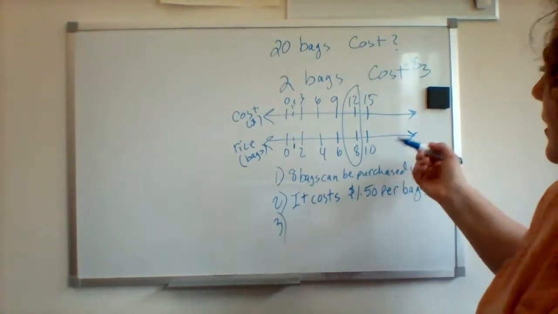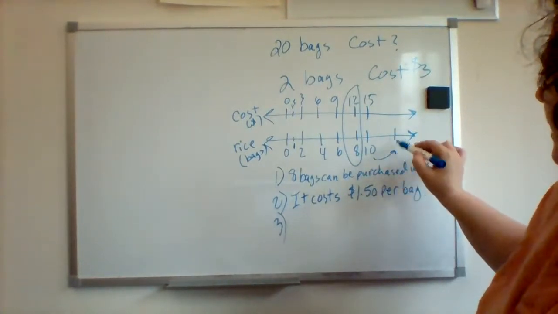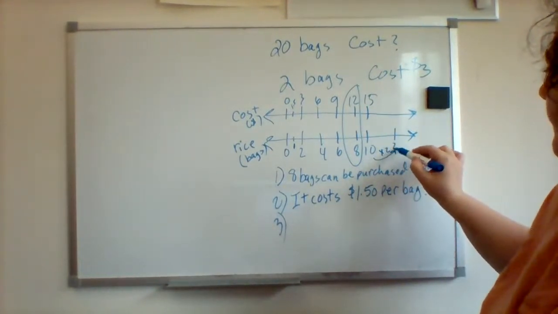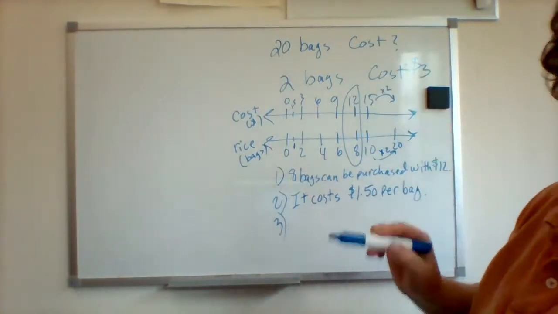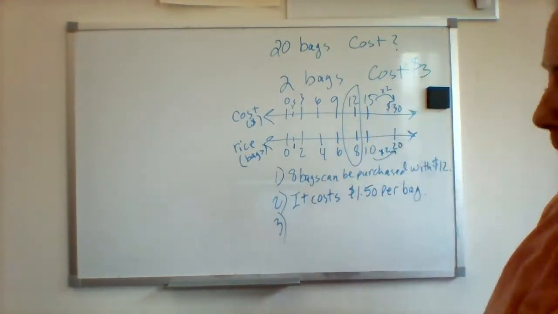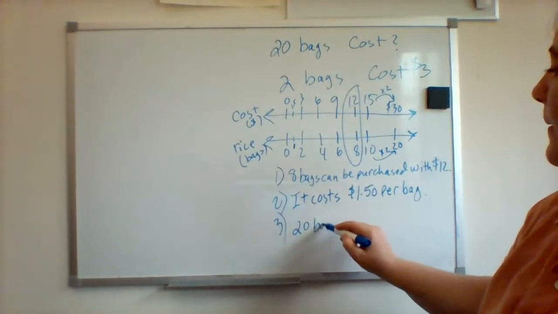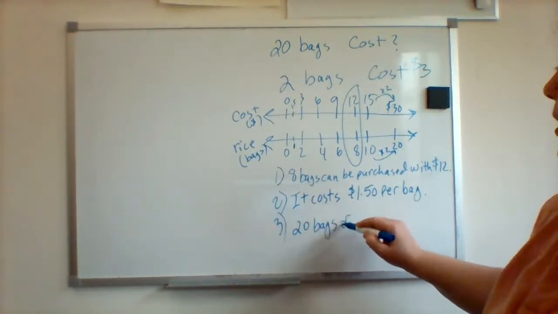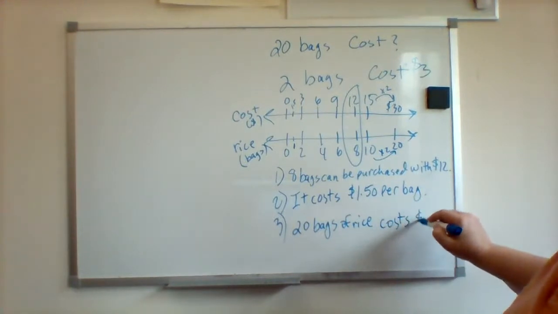But how do I get from 10 to 20? Just multiply by 2, because for equivalent ratios, you have to multiply by the same factor. How much do 20 bags of rice cost? 20 bags of rice costs $30.